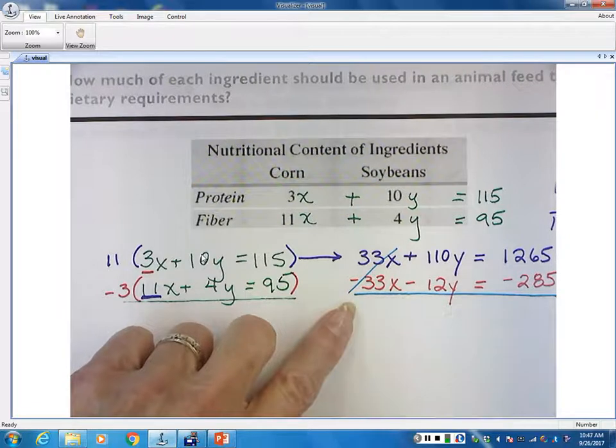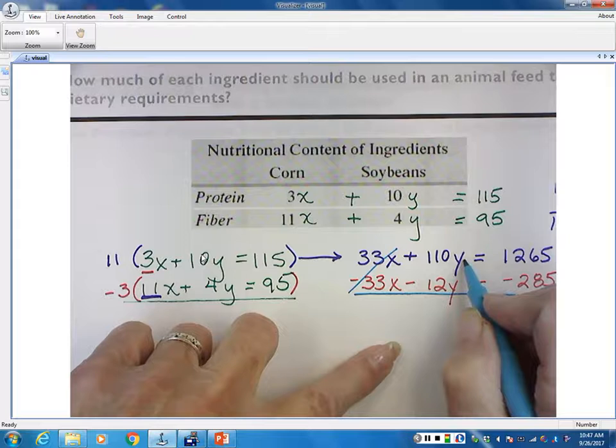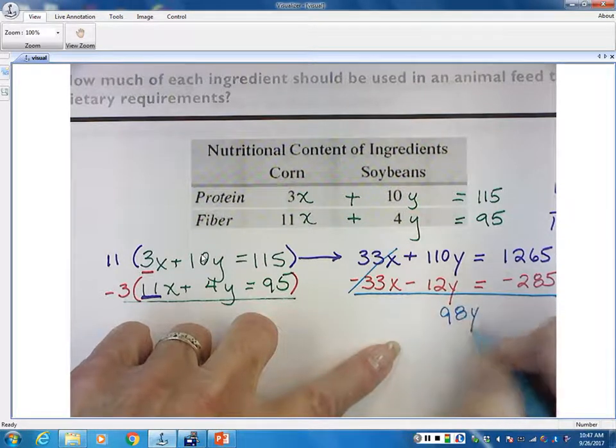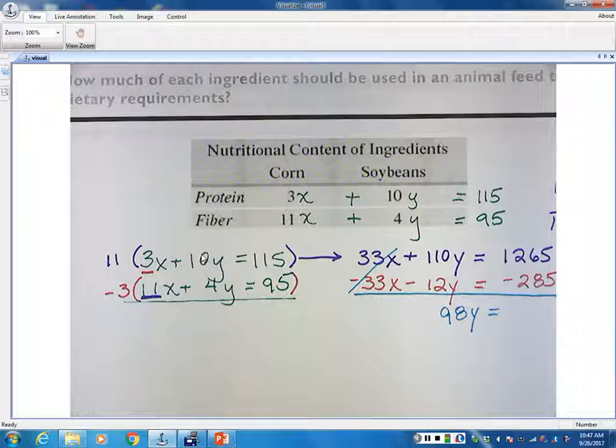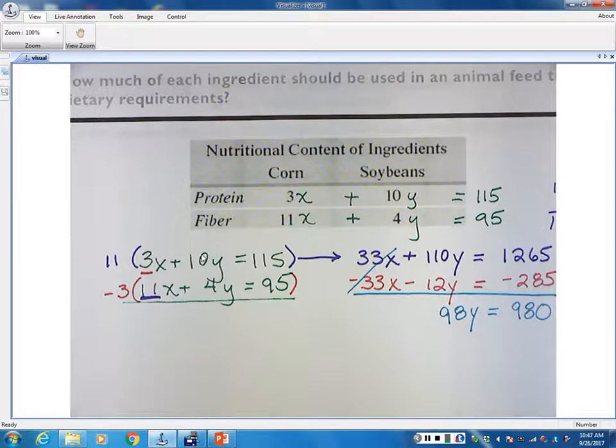They're dead. They're gone. And then 1y minus 12y gives us 98y. And 1265 minus 285 gives us 980. Okay?